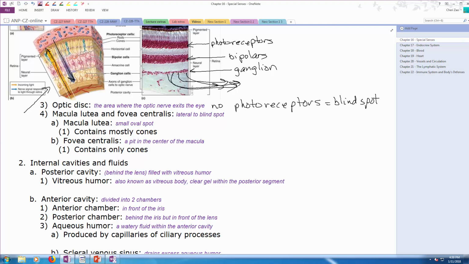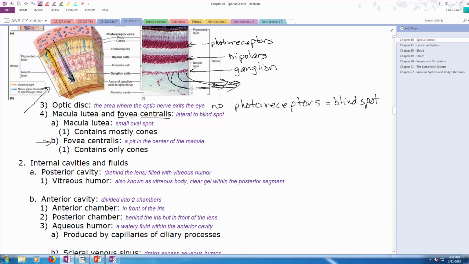And it is yellowish in its appearance, and in the very center of that is a spot called the fovea centralis. You cannot see it except with a microscope, but it's there. It's a very important spot because in the fovea centralis there are no bipolars or ganglion cells located there.